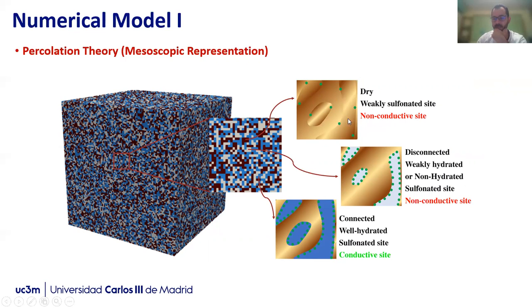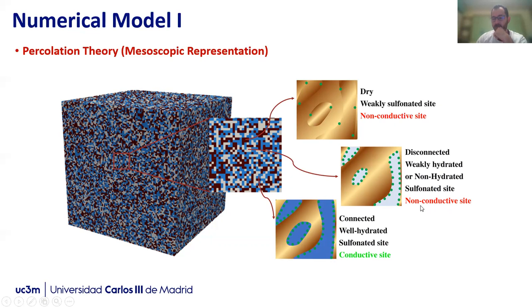It is not sulfonated. Then we will also have these kinds of sites which are disconnected from the ionic cluster, the connected ionic clusters from one side to the other side of the membrane. They are sulfonated and they have some water there, but that water is disconnected.